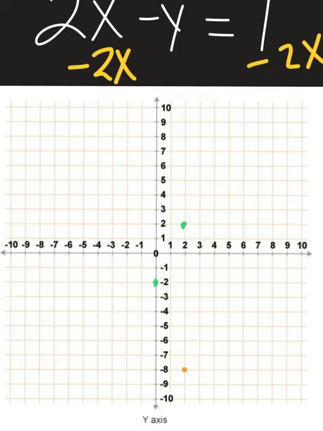Oh, I went up 4. Up 3 over 2. Up 3 over 2. And we're going to do the same thing in the other direction. We're going to go down 3 and over 2. Down 3 and over 2. So we have our line.